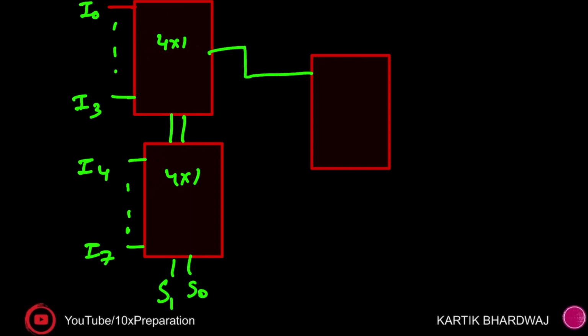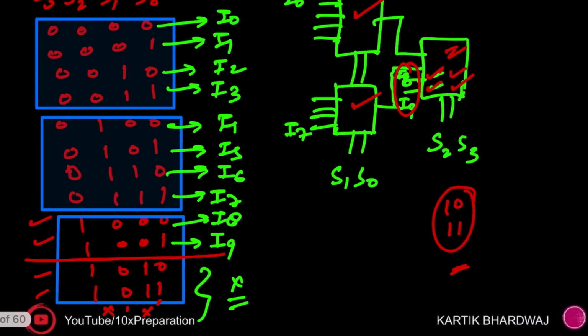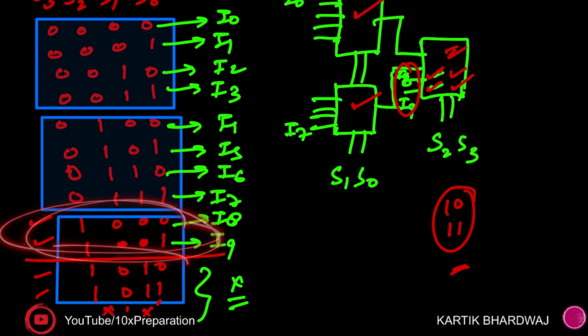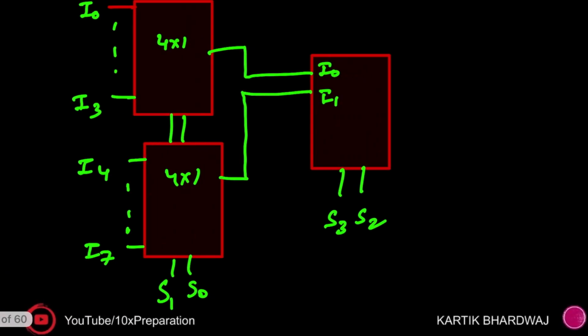Now the output coming from these will go to this mux. Again we have to take the MSB over here, S3 S2, and this is I0 and I1. Again you need to check this thing: whatever you are considering over here is 1010, and in the S0 case 01 is there.